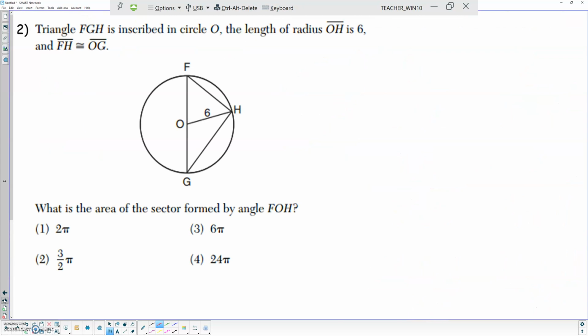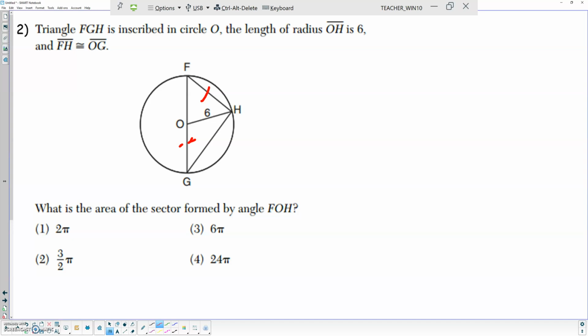This one says, triangle FGH is inscribed in circle O. The length of OH is 6, and FH and OG are congruent. What is the area of the sector formed by angle FOH? Remember, in order to find the area of the sector formed by angle FOH, we need to know what that central angle is.